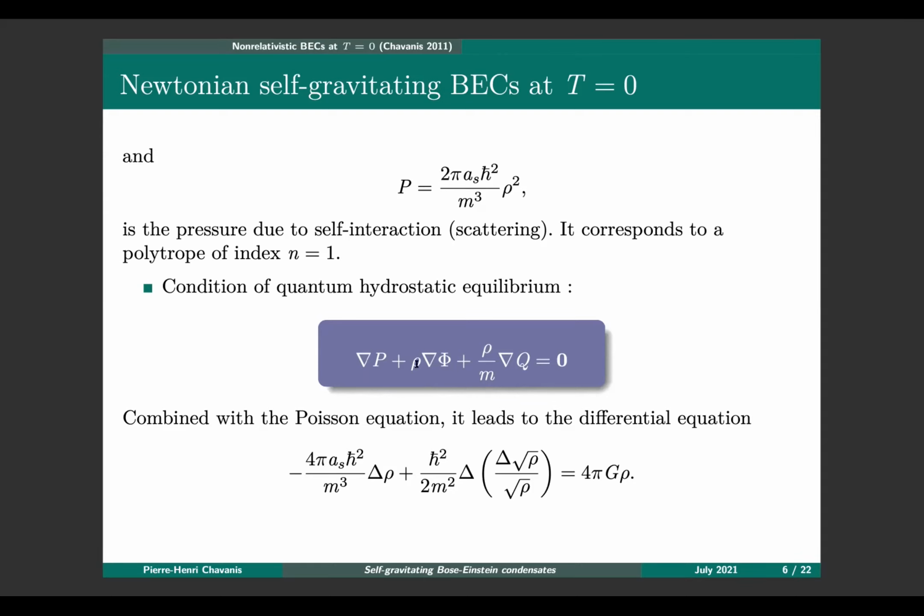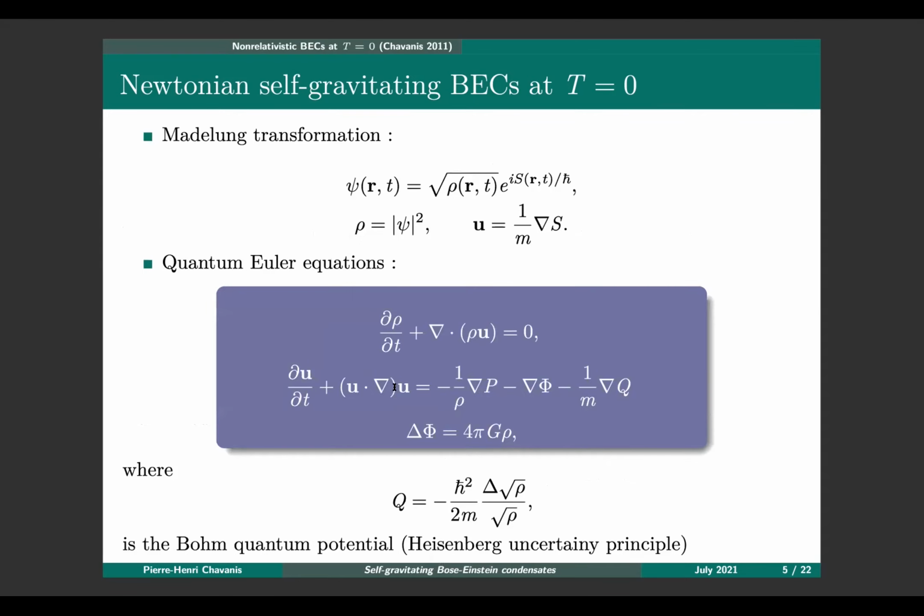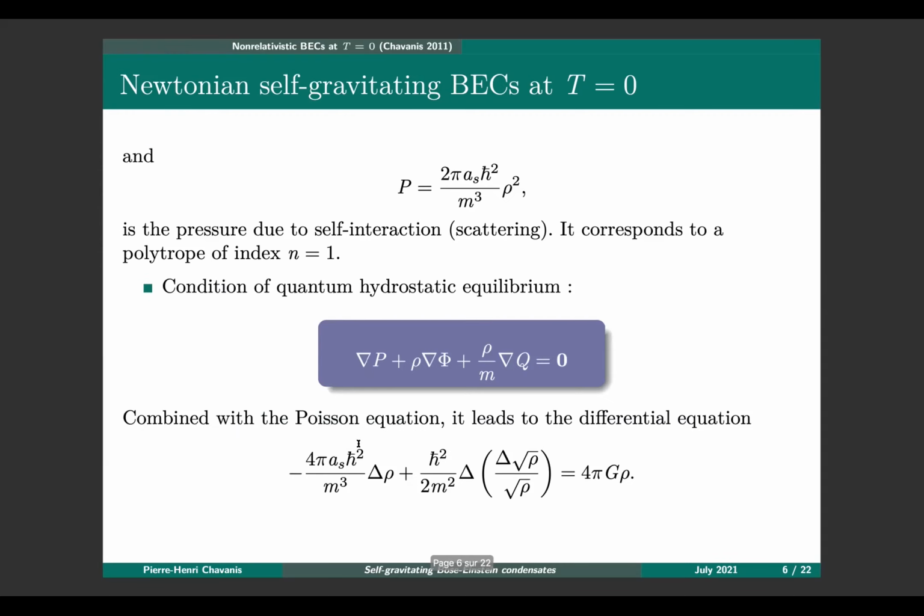If we combine this condition of quantum hydrostatic equilibrium with the Poisson equation, we obtain a differential equation which gives the shape of the density profile at equilibrium.